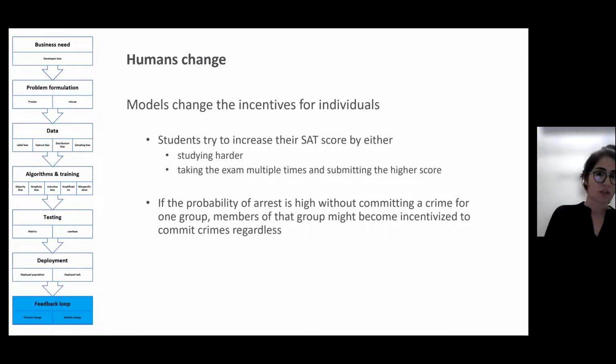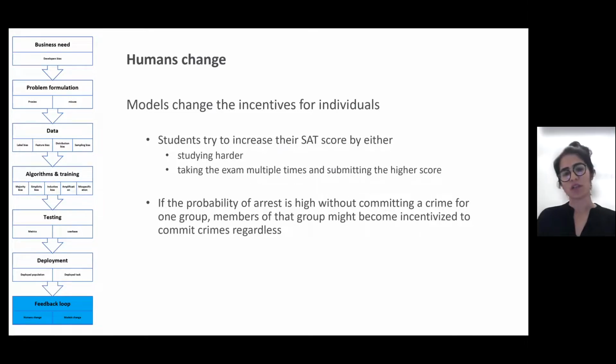Another way humans change is that the model actually changes the incentives for individuals. Let's say you have a model that wants to predict if the person should be admitted to college or not according to SAT score. And then humans, of course, try to increase their SAT score either by studying hard or, if they are privileged, they take the exam multiple times and submit their higher score.